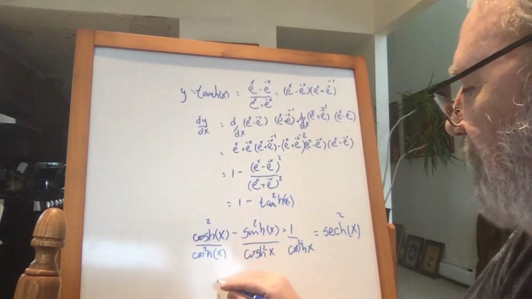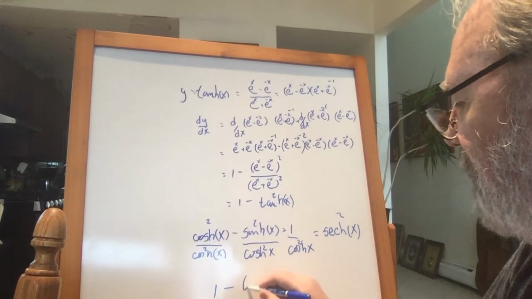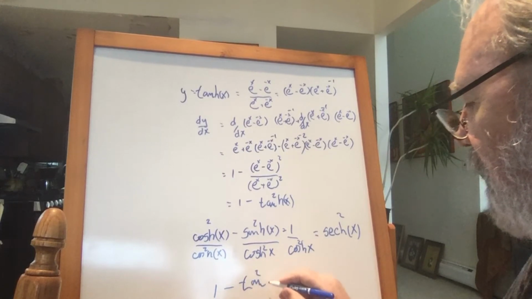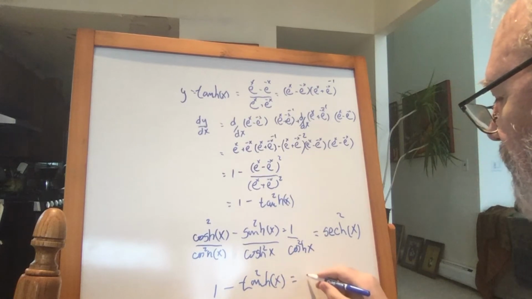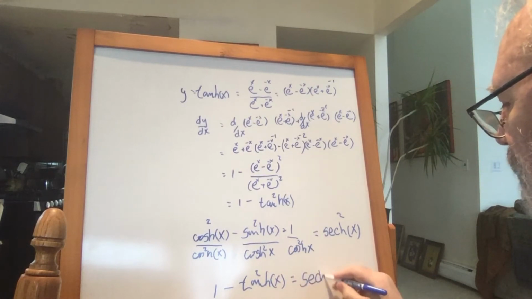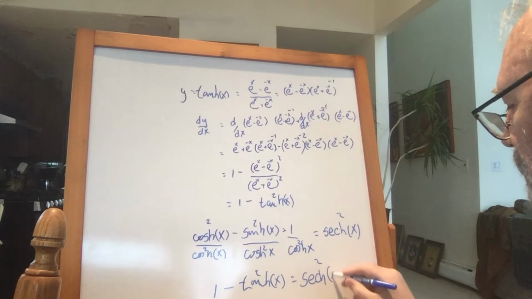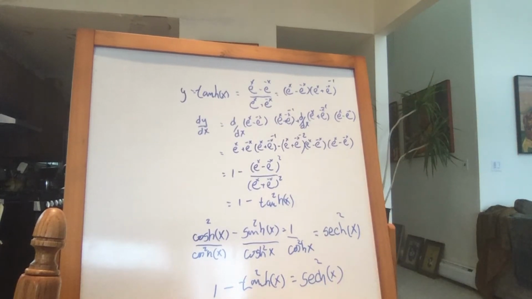All right, so that's 1 minus tanh squared x equals sech squared x.